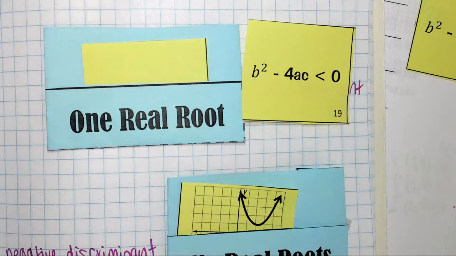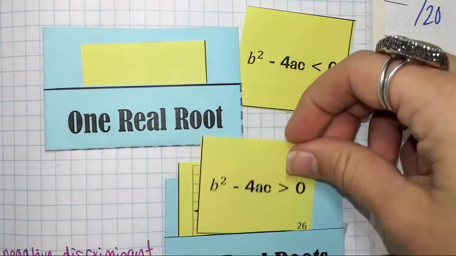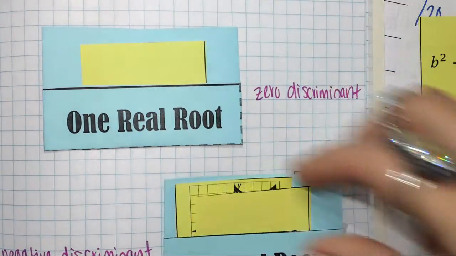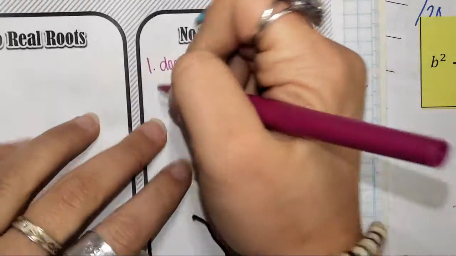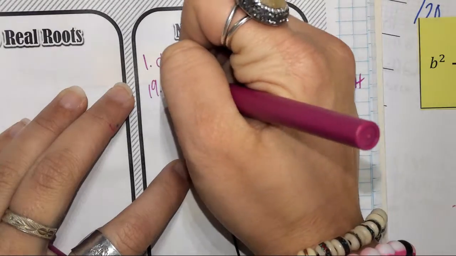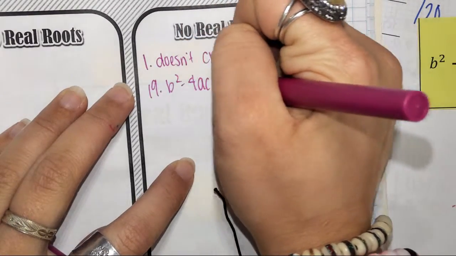No real roots. So what pocket is that going to go in? No real roots. And where are we going to write that on our paper? So that's number 19, and we write b squared minus 4ac is less than 0.